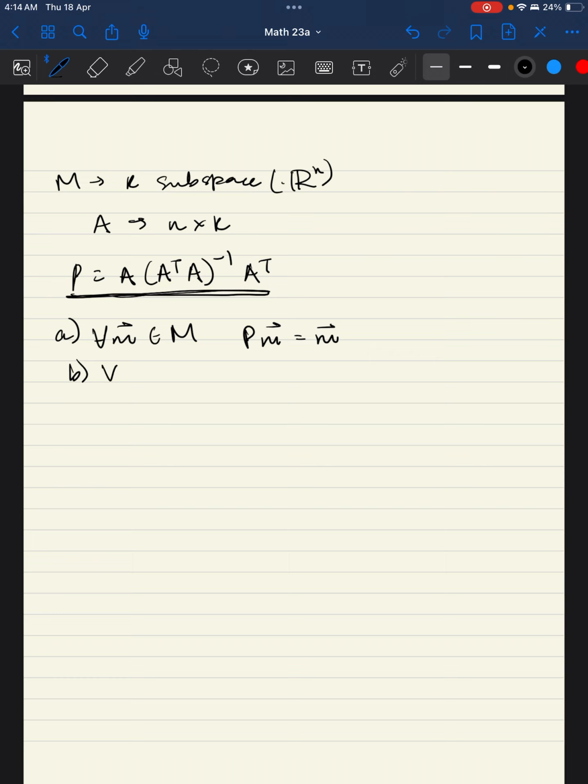The second thing is for all W in R^n, PW is in M. Lastly, for all W elements of R^n, W minus PW is perpendicular to M.